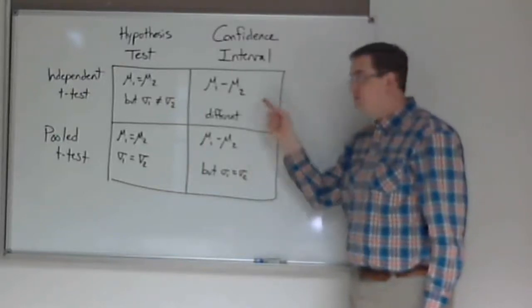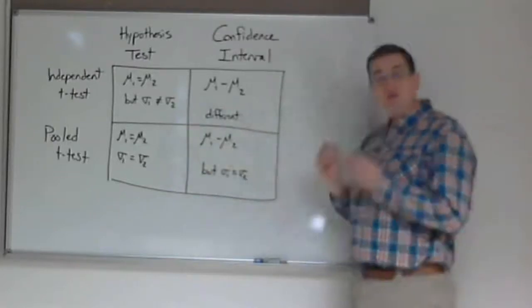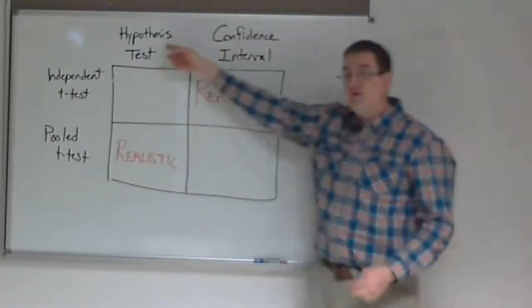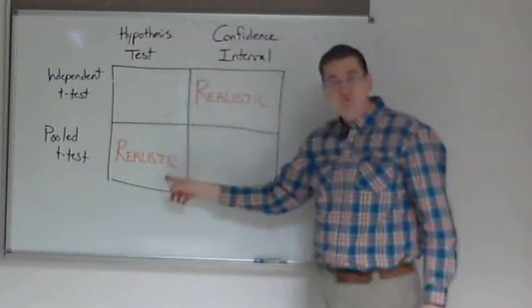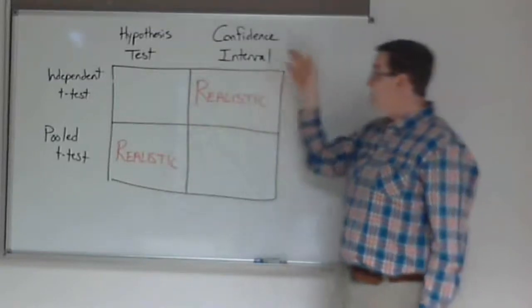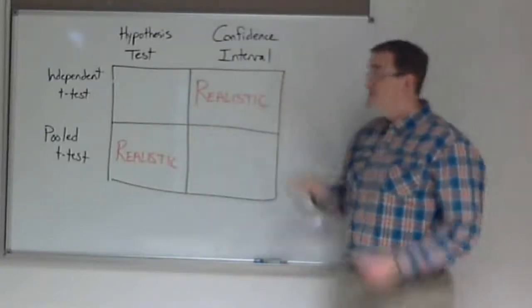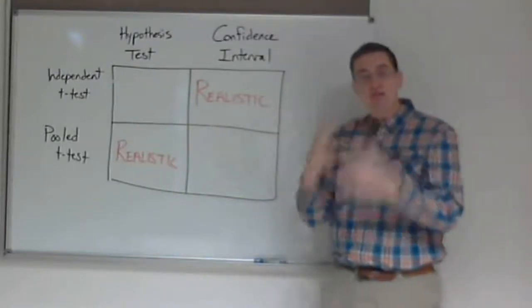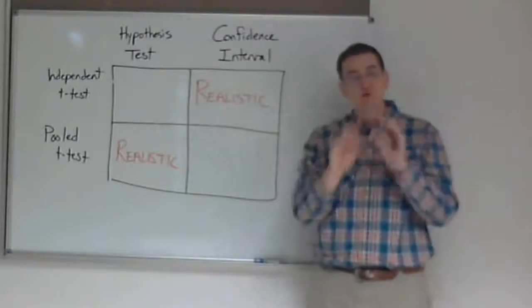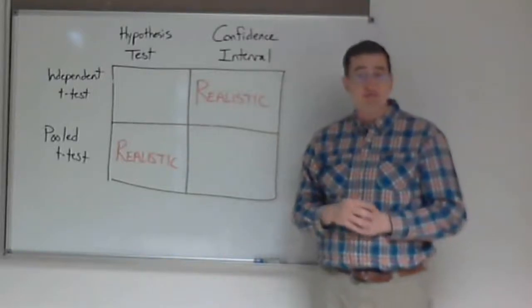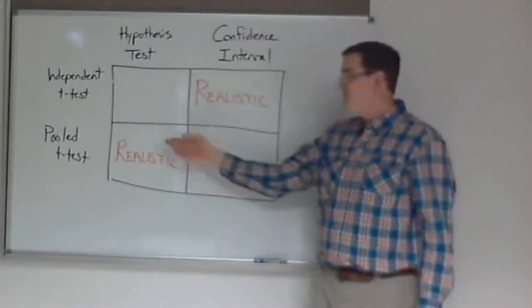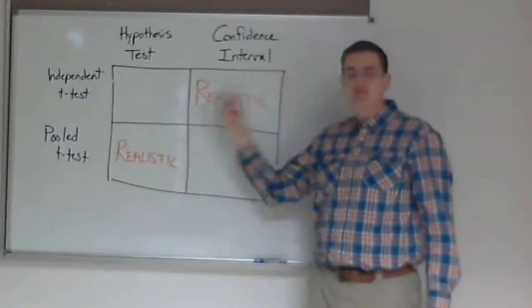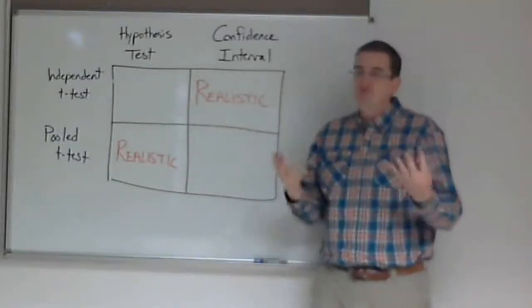Are they separate or are they not separate? In other words, if we're talking about a hypothesis test, the pooled version is the most realistic. If we're talking about confidence interval, then the independent test is going to be the most realistic. However, for this class, all four scenarios are things you will be expected and asked to do, and it's really not so bad because once you know how to do one of these hypothesis tests or confidence intervals, then it's pretty simple to do the other one.